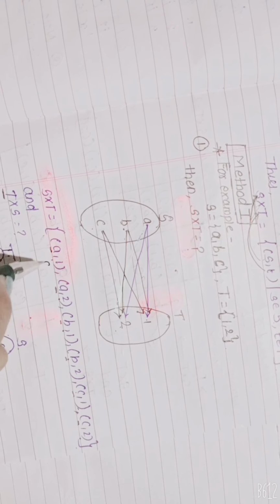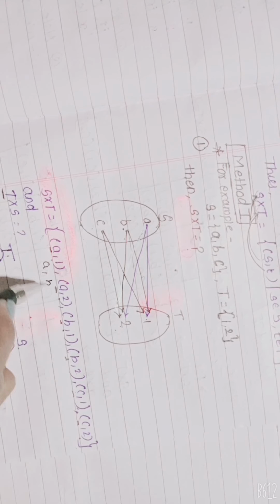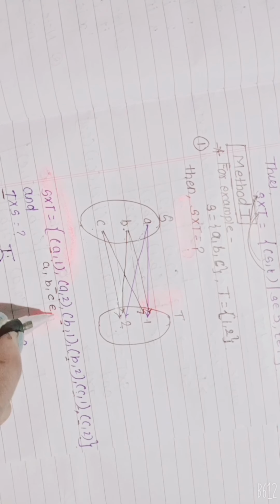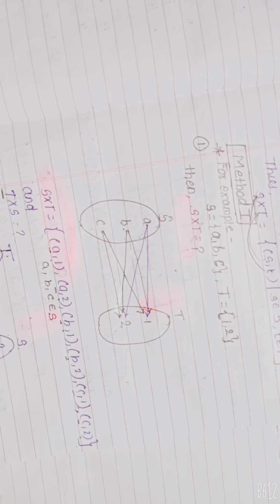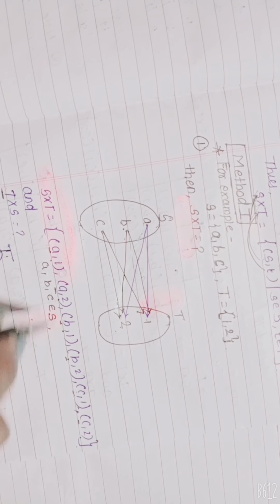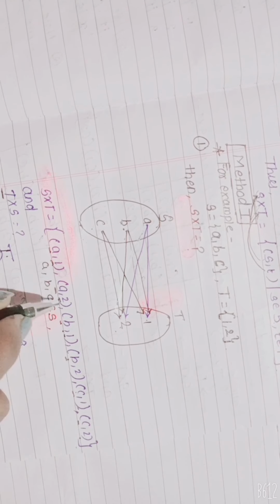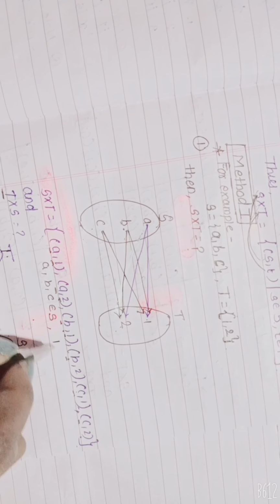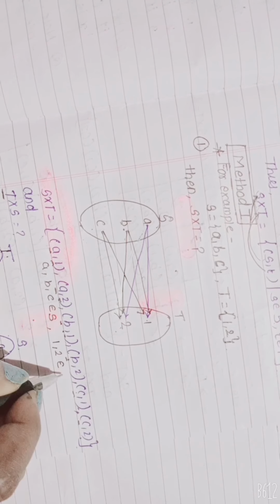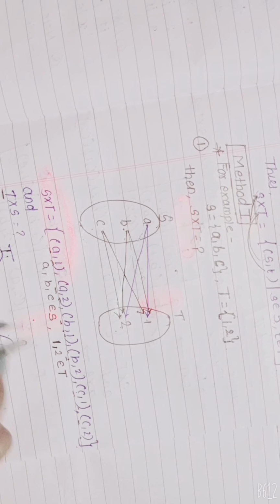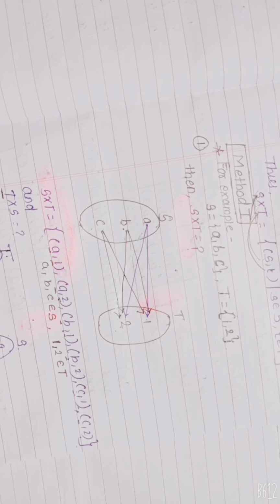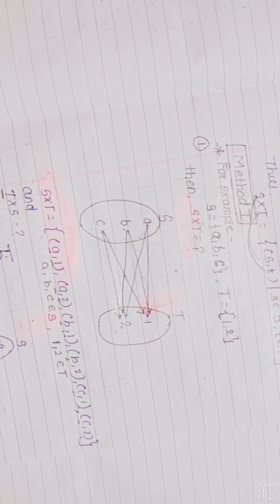The a, b, and also c are from the set S, and all the elements in the second place of the ordered pairs, 1 and 2, are from the set T. So ordered pairs say that all the first elements are from the first set and all the second elements are from the second set.